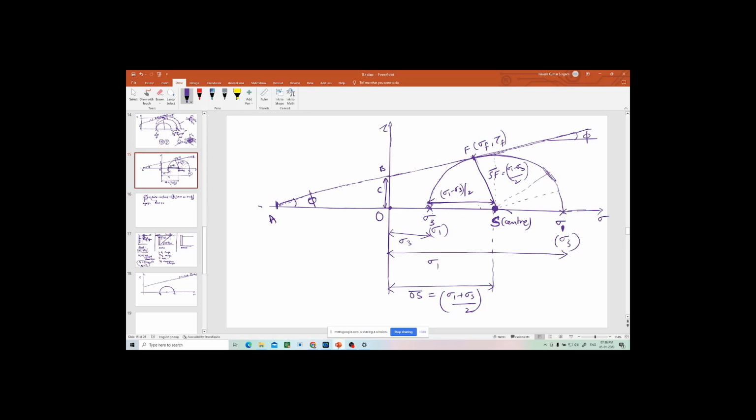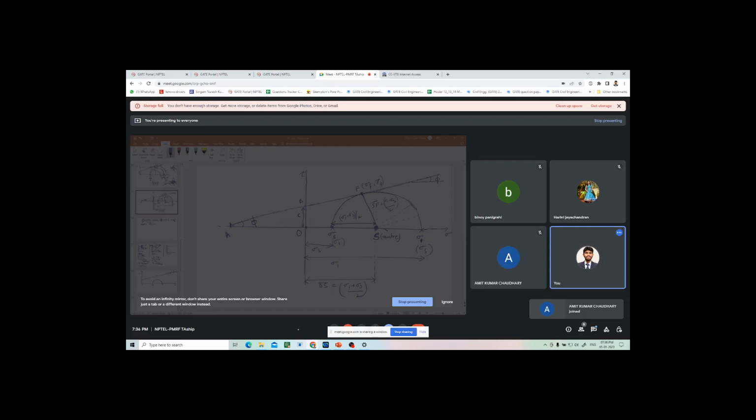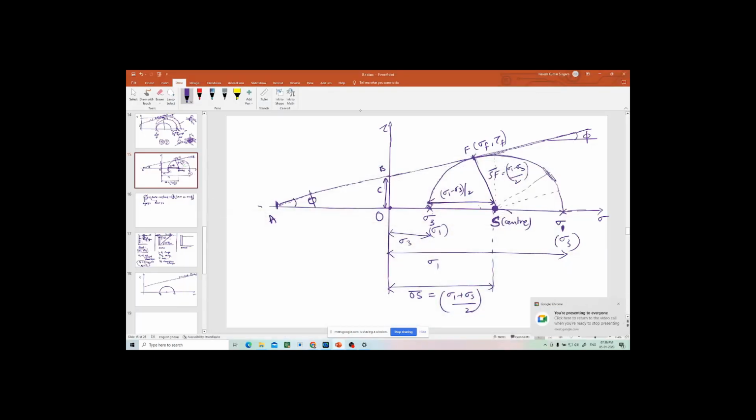Once in a while I should check then. Okay, fine. So now here there is sigma 3, sigma 1, and there is phi, and there is cohesion in this diagram.